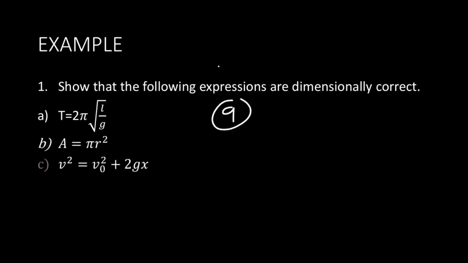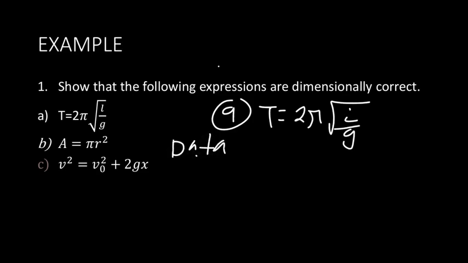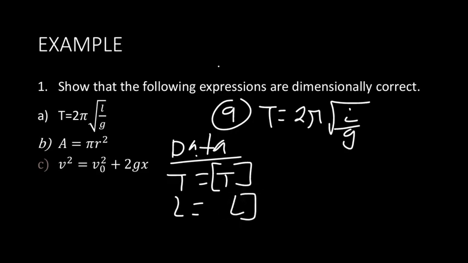So for A, T is equal to 2 pi root of L over g. Consider the dimensions. The dimension for T, which is a period, is T. Then L is equal to this.